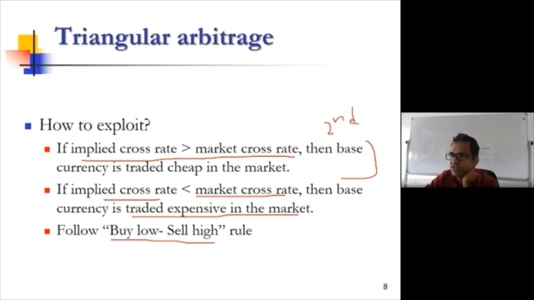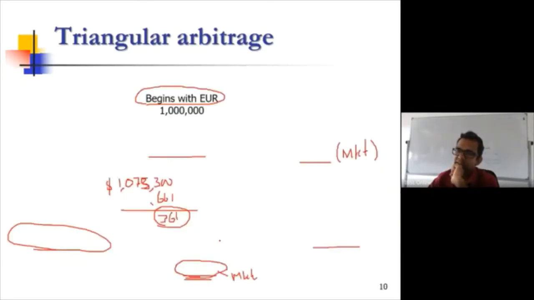The other scenario is when the implied cross rate is less than the market cross rate. Then the base currency is traded expensive in the market. This is the first scenario we discussed. Follow this strategy: buy low and sell high to earn the arbitrage profit.